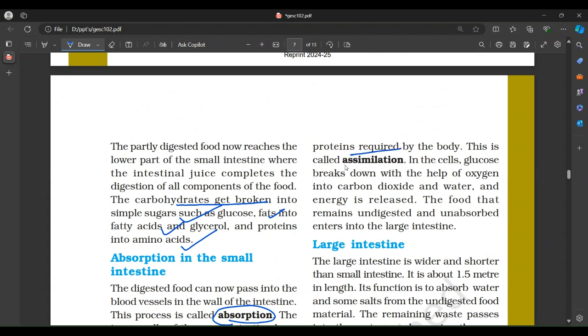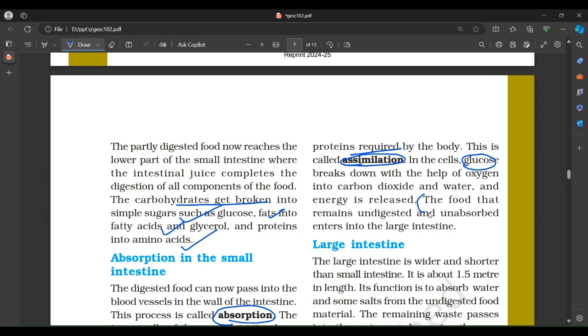This is called assimilation. In the cells, glucose breaks down with the help of oxygen into carbon dioxide and water. Glucose means whatever we are eating, in the form of glucose, fatty acids or proteins. And energy is released. The food that remains undigested and unabsorbed enters into the large intestine.